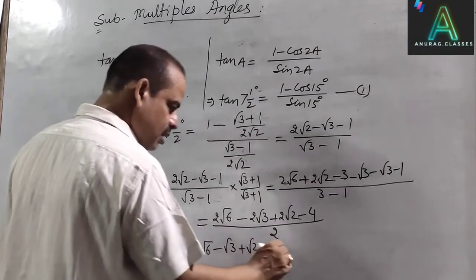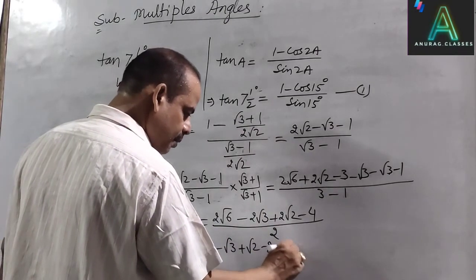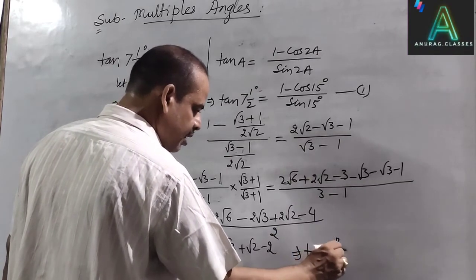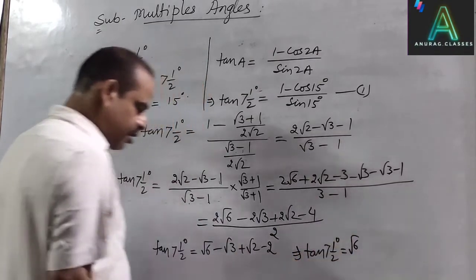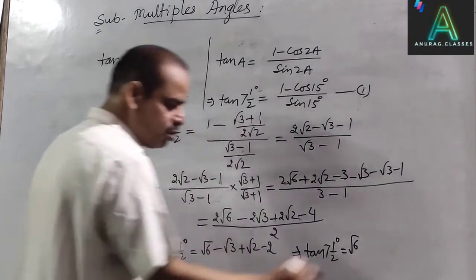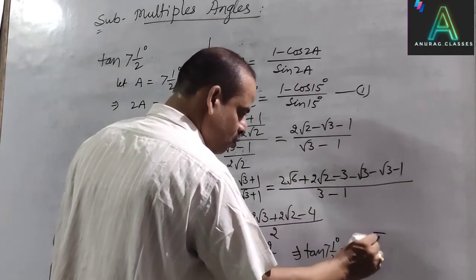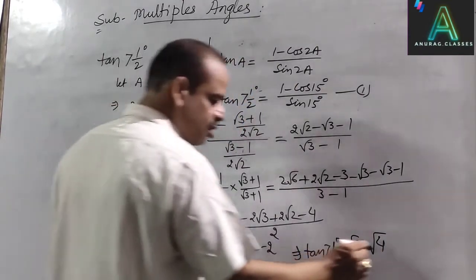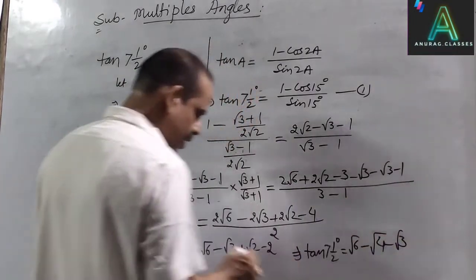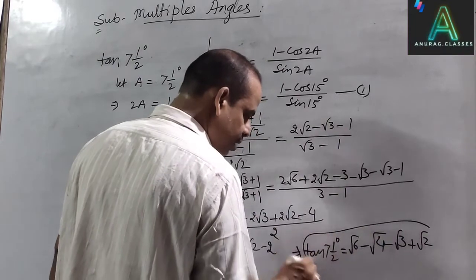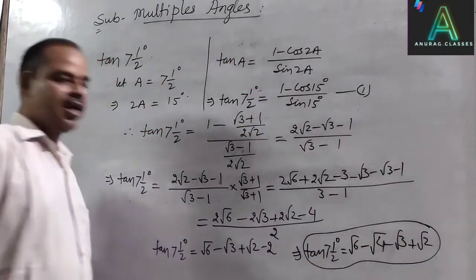This result can also be written as tan 7.5 degrees is equal to root 6. Dear student, can we write root 4 in place of 2? Root 4 in place of 2, then minus root 3, then plus root 2. So this is the final value of tan 7.5 degrees.